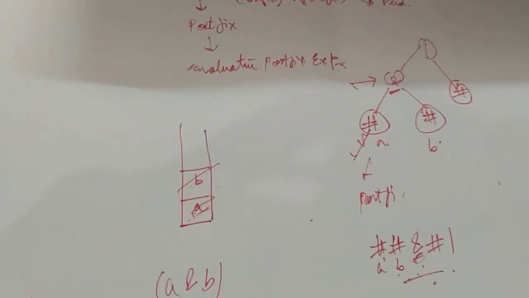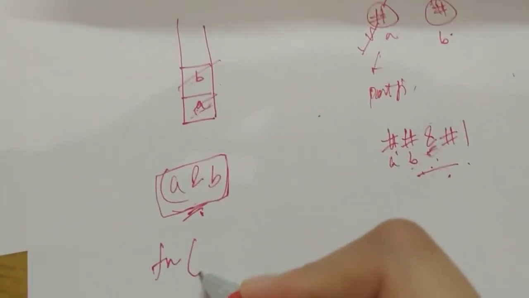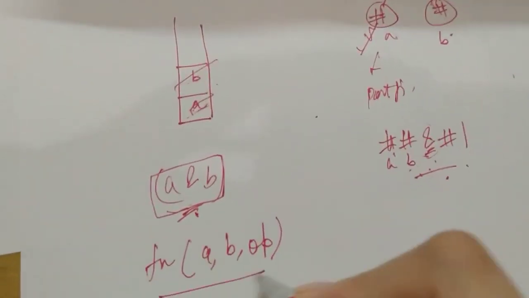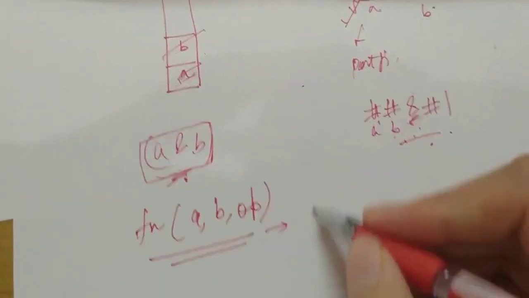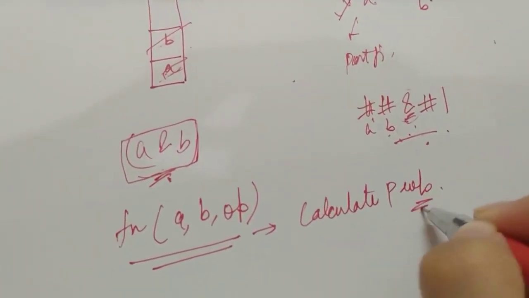When we calculate A AND B, here we call our function, AB operator, which will calculate the probability.